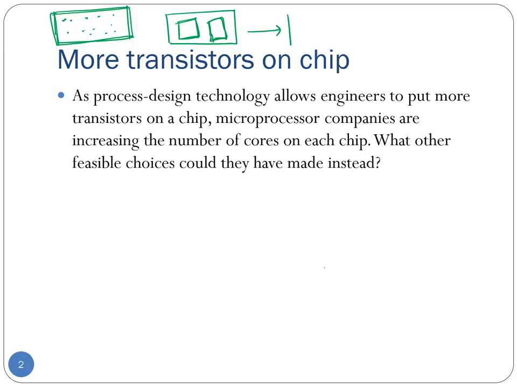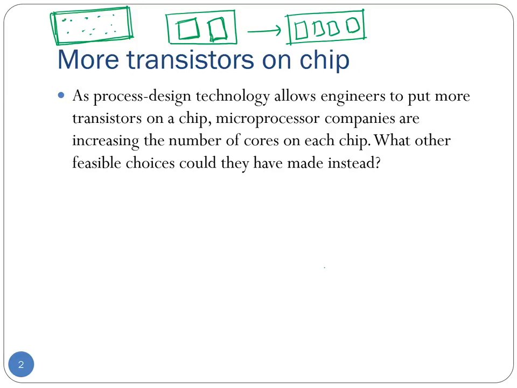But this year, with the evolution of process design technology, we are able to fit two times more transistors in the same chip area. So one possible way of using this evolution is that in the same chip area, instead of two, we now implement four CPUs or four cores. Now this is obviously one way of increasing the functionality. What else could we have done?